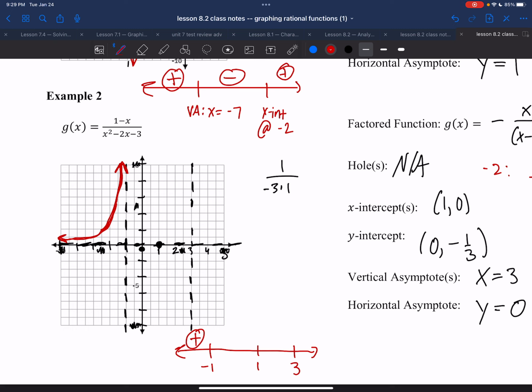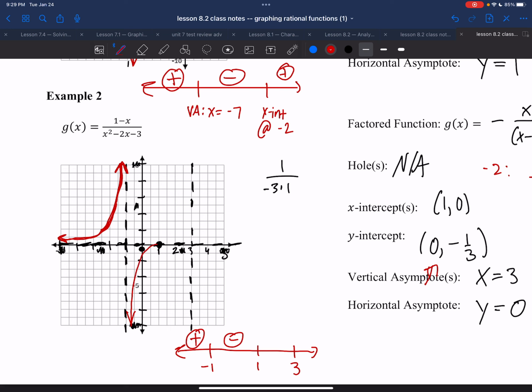Notice that to the left of 1, I already have the y-intercept at 0, right? And I can see that clearly right there, that's negative. So I know I already tested 1 here. See, now here's why it's important to test, because I know that the curve will be approaching this asymptote down here and then coming up like so.